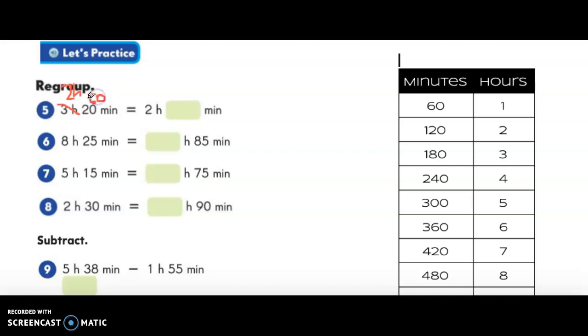So adding 60 to the 20 minutes that we already have to have 80 minutes. So these times are equal to each other. Okay, so that's all you're doing on 5 through 8.